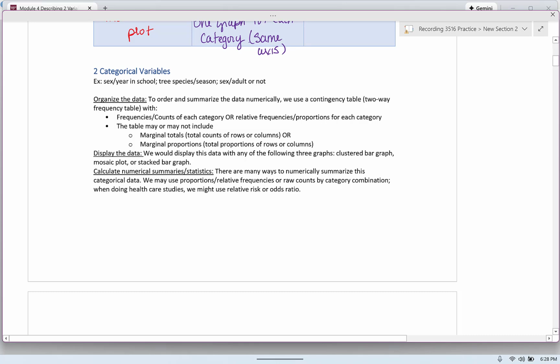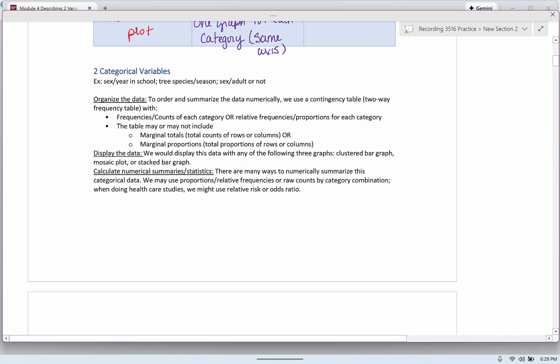The frequencies or counts of each category, or the relative frequencies or proportions for each category, are listed in this table. The table may or may not include the marginal totals, which are the totals of the rows or the columns or both. It may include marginal proportions, which are the total proportions of each of the rows or columns. And then once we make a frequency table, which here it's going to be called a two-way table or a contingency table, we display the data using either our clustered bar graph, our mosaic plot, or our stacked bar graph.